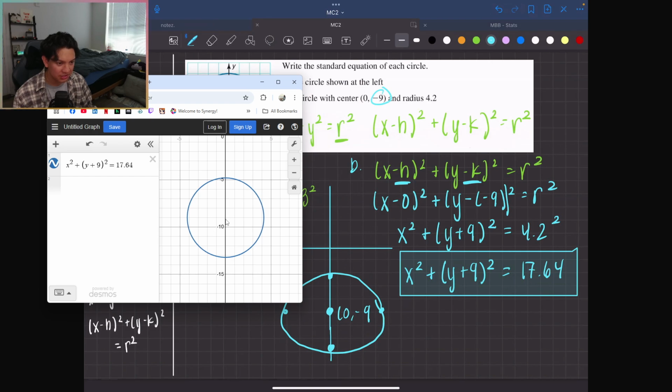So our center is located right over here. Let's see if it is at 0, negative 9. There it is. There's our center right here. And then notice to the right, 1, 2, 3, 4.2-ish units. Oh, look, 4.2, negative 9. That's beautiful. Right over here, negative 4.2, comma, negative 9. So our radius is 4.2. Cool. And so that's how we create an equation for a circle.